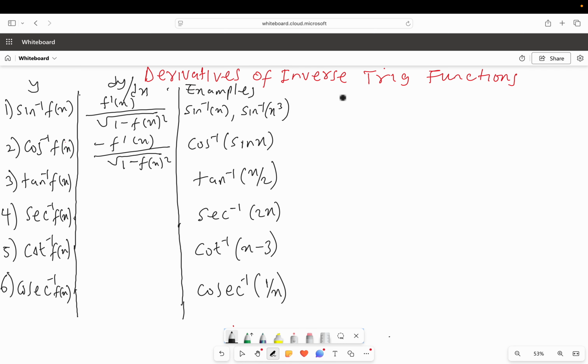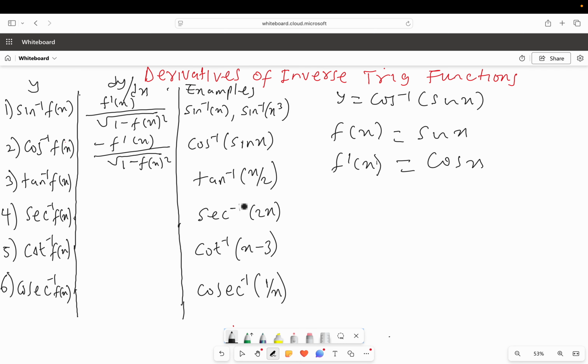So let us go through this example. I have y is equal to cos inverse of sin x. So my f of x is just sin x. My f prime of x, that is if I differentiate it with respect to x, will just be cos x. So I just need to substitute it in this formula.